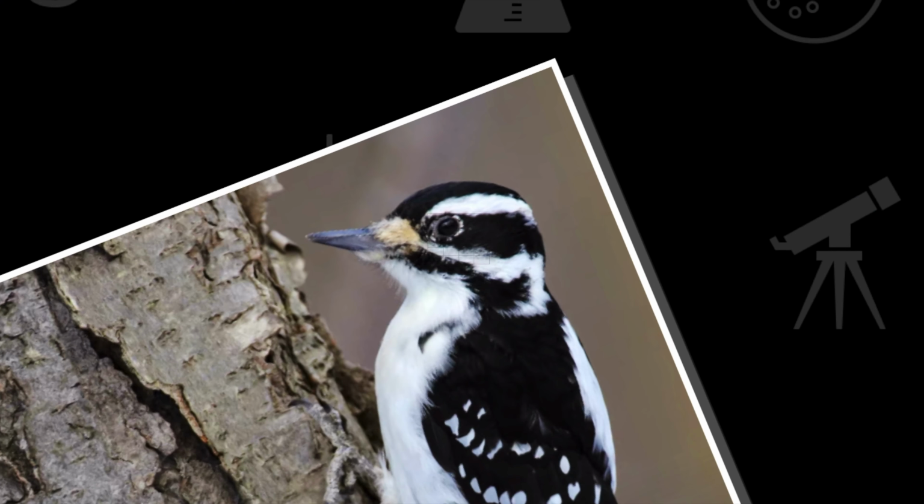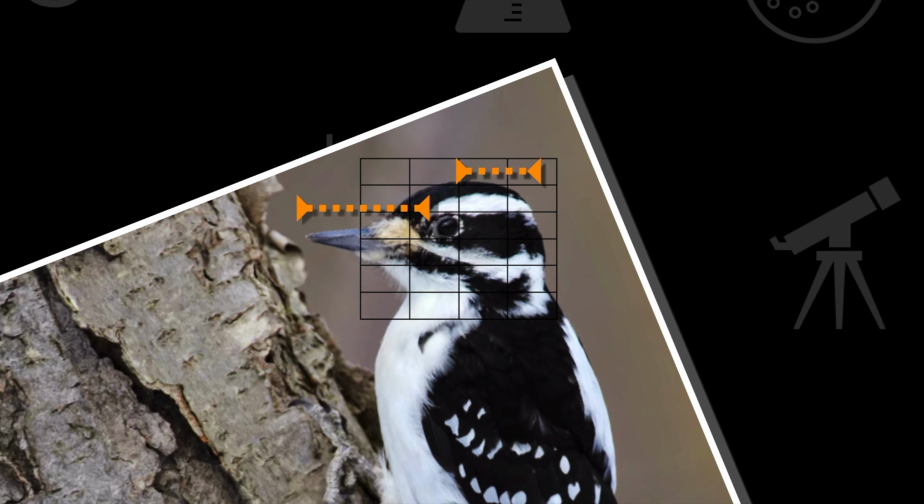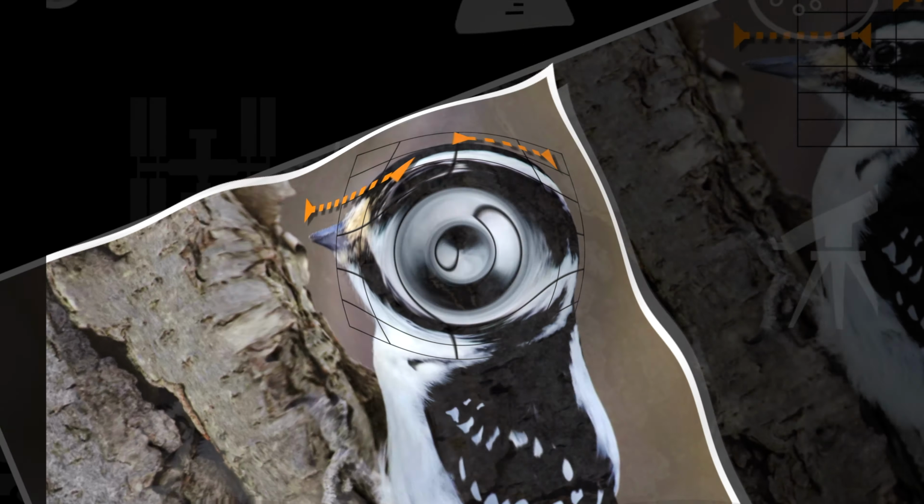Now if we look at the bill and the skull structure of the woodpecker on the right, I can see a couple of things. The overall crown, or the top of the skull of that woodpecker, is going to be about that far of a distance from the eye. I can also see that the bill is pretty large compared to our other woodpecker.